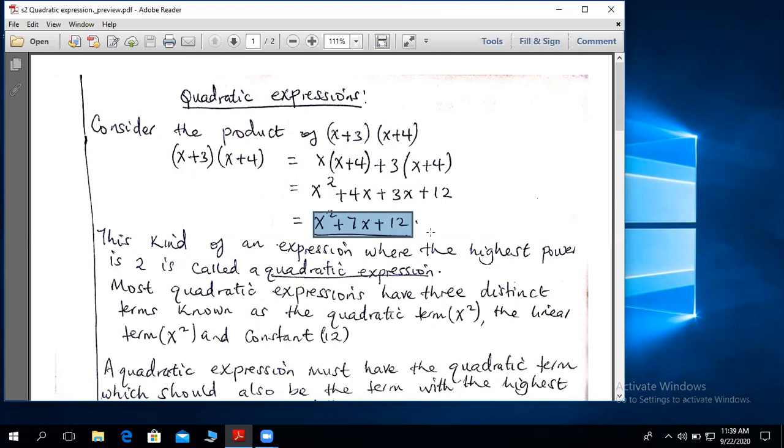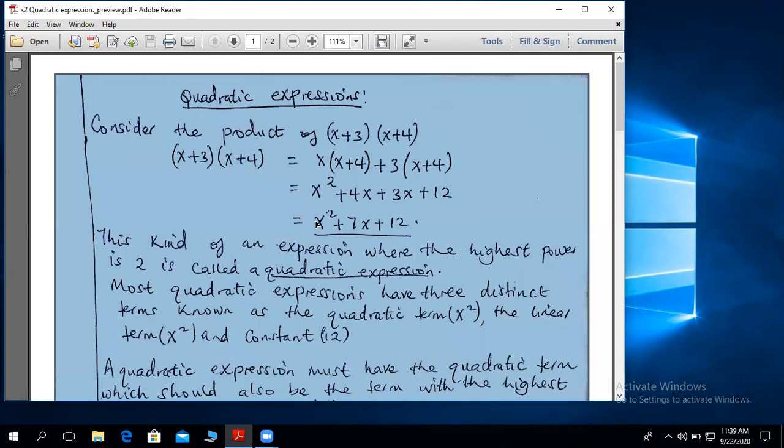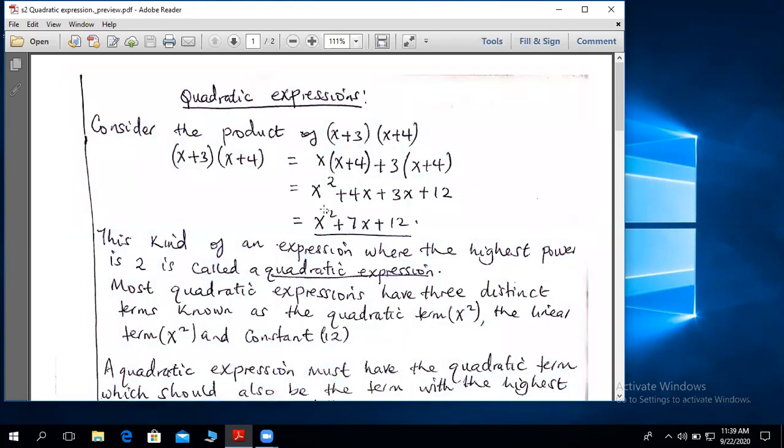So for a quadratic equation, we are learning from today that the highest power is 2. By the way, when you see 7x, it means 7x to power 1, because any number to power 1 is that number. So x to power 1 is x, and we multiply it by 7.